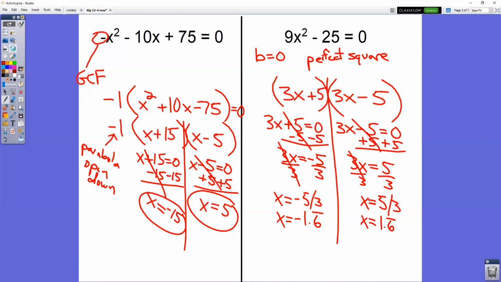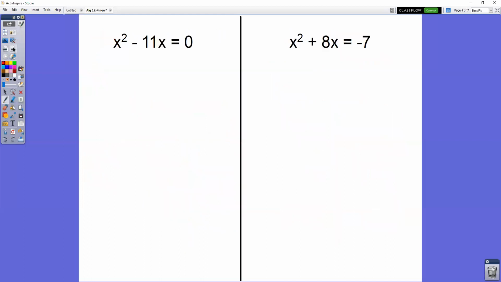Take a look at the next one. Now, this next one is very, very different. Notice that in this next one, there is no c term. Well, what are you going to do when there's no c term? When there's no c term, we need to factor out a greatest common factor, because I can't do reverse FOIL to that right now.